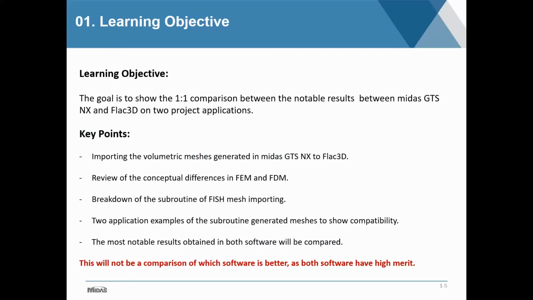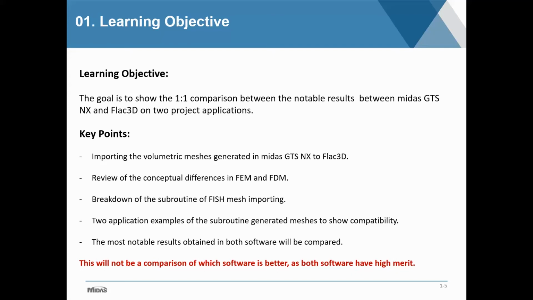So starting with the learning objectives, the goal for today is to show a one-to-one comparison for notable results between the programs Midas GTS NX and Flac3D on the two project applications. But as we're going through those one-to-one comparisons, the session will also cover the following key points, which is how these volumetric meshes are generated in Midas GTS NX and then exported to Flac.